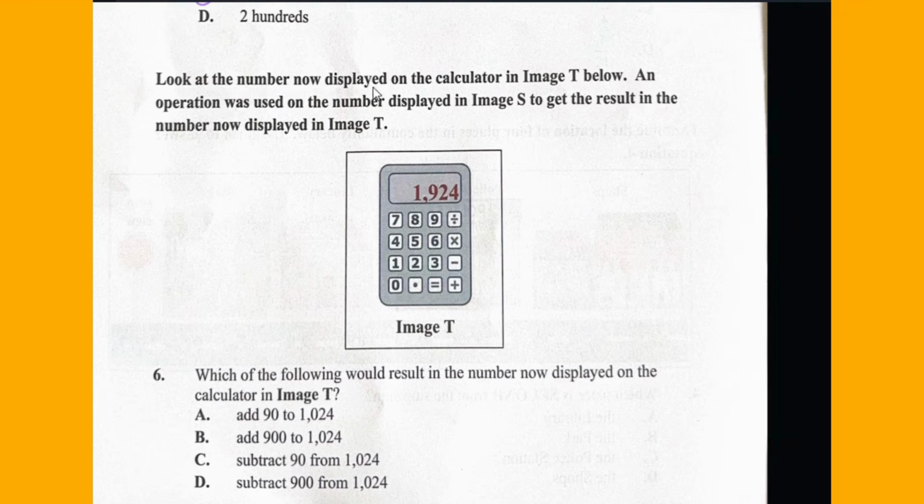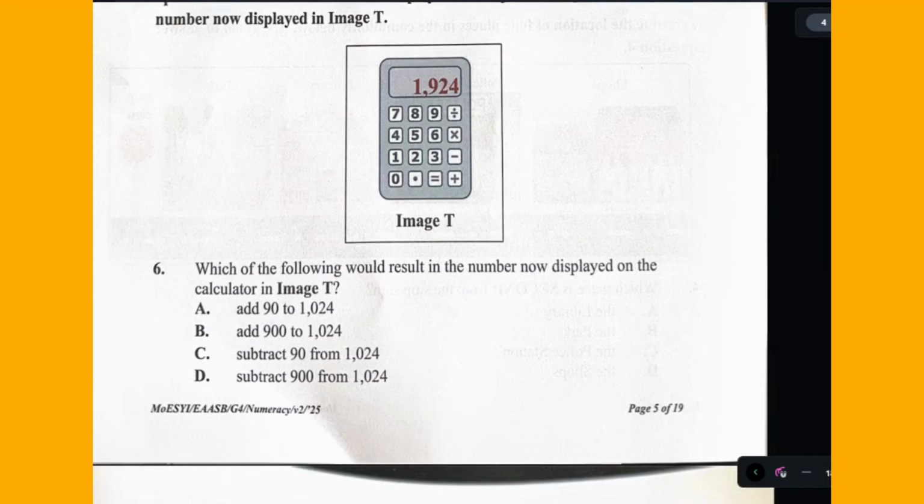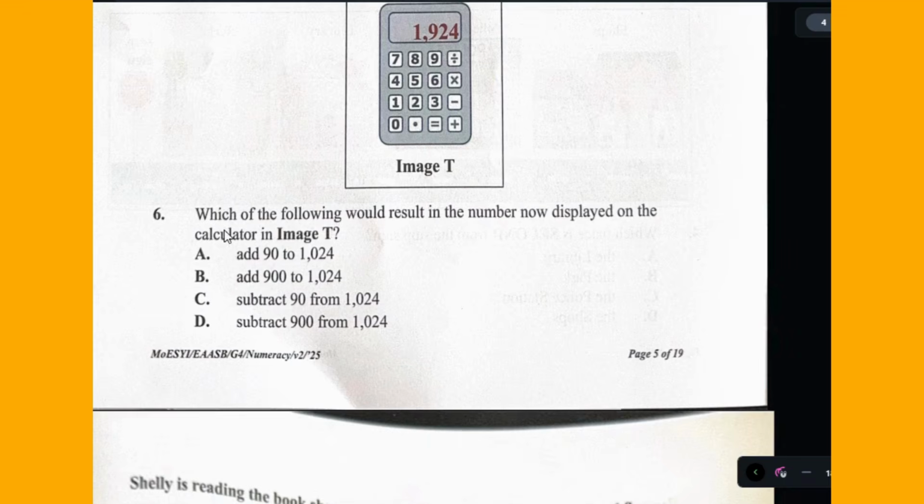Look at the number now displayed on the calculator in image T below. An operation was used on the number displayed in image S to get the result in the number now displayed in image T. So now we're seeing image T, and the number is 1924. Let us see what question 6 says.